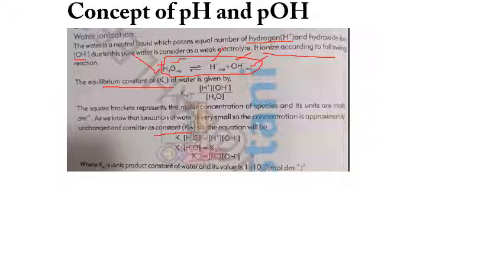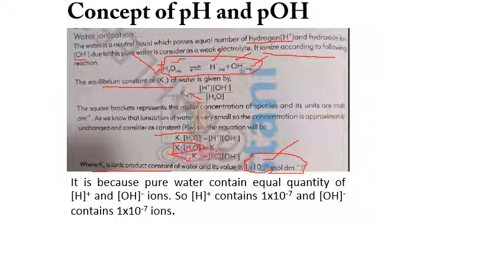Then the equation will be this: H2O jumps to here and multiplies with Kc. Now Kc into H2O concentration is the Kw. This Kw is the ionic product constant of water and its value is 1 into 10 power minus 14.